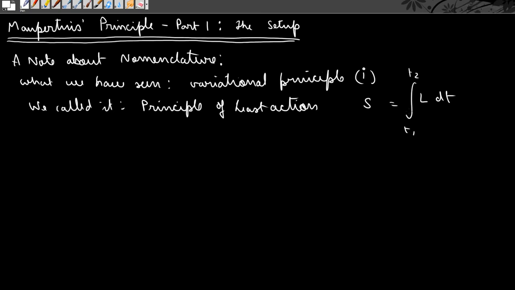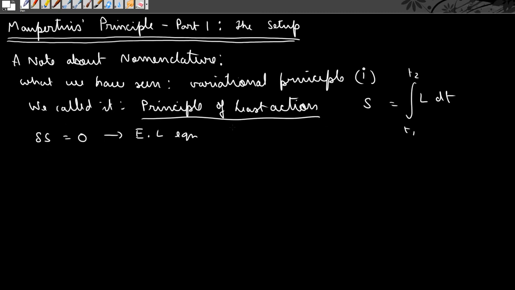We varied, and the correct path corresponded to the particular path wherein the variation of S about that path was 0, and from this we derived our Euler-Lagrange equations. We called this the principle of least action.